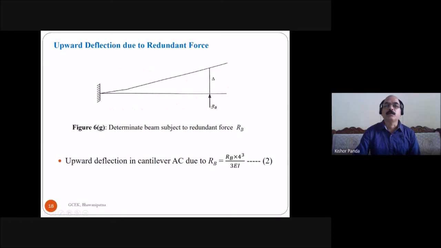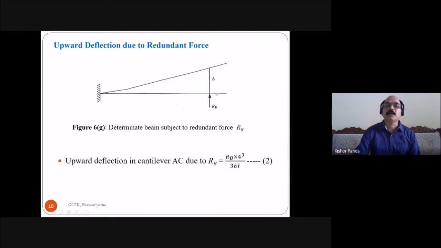If this is your upward force, what is the deflection? RB into 4 cubed by 3EI, that is WL cubed by 3EI. If the load is present at the free end, what is the deflection at the free end? WL cubed by 3EI.